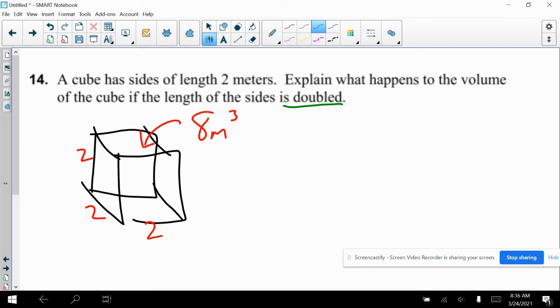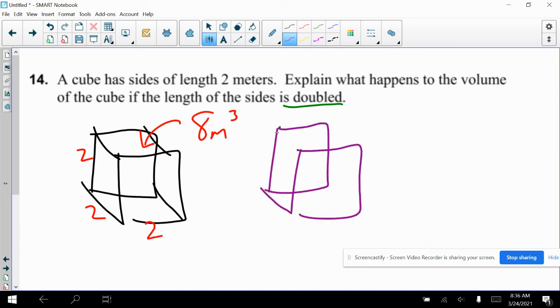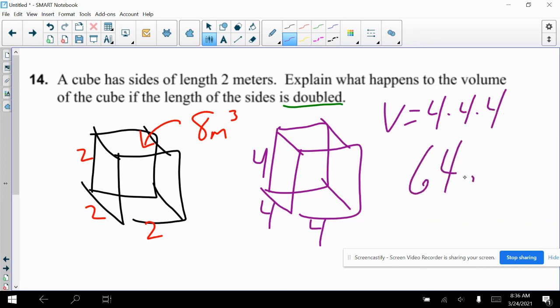Okay, so just by looking at that visual, if we double the length of the sides, what's your answer? Michael? Okay, anybody else? If we doubled the length, which we just did this problem earlier, oops, we're talking meters, aren't we? Meters cubed. Okay, now, guess what?